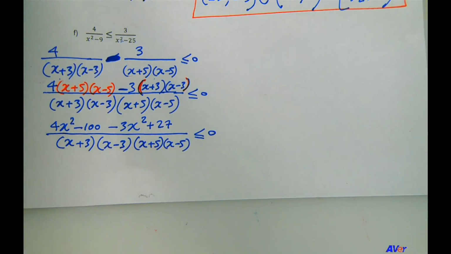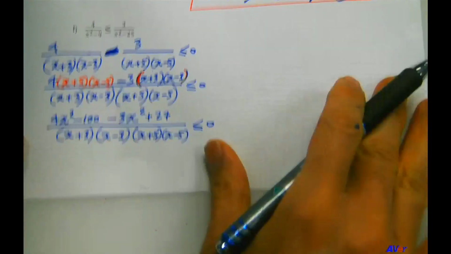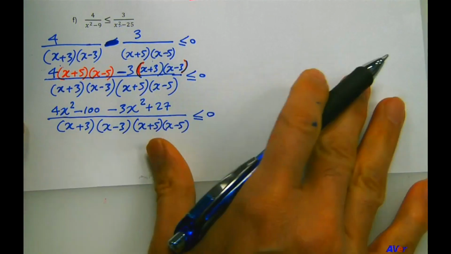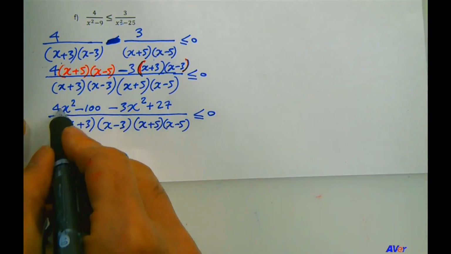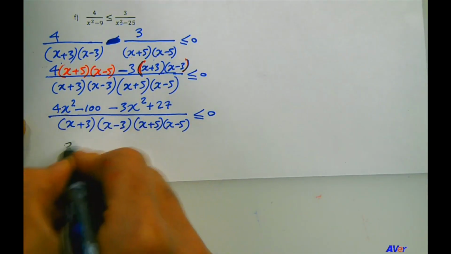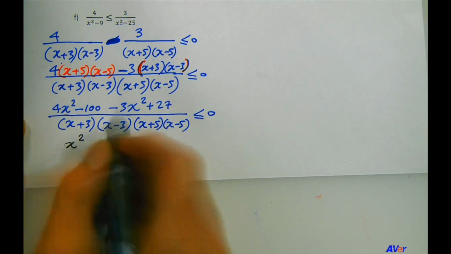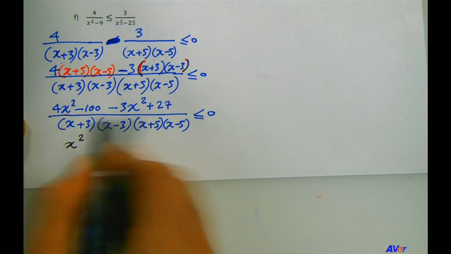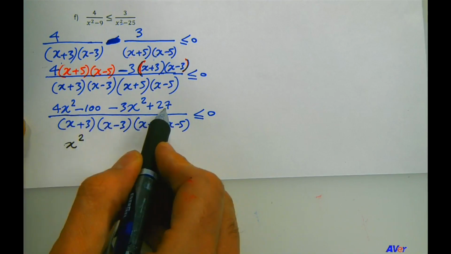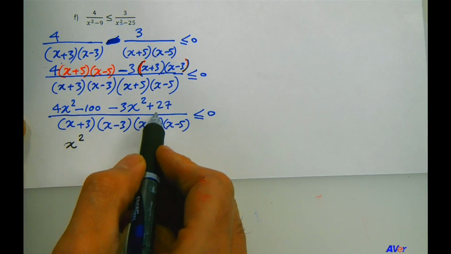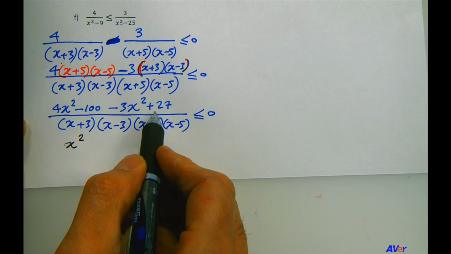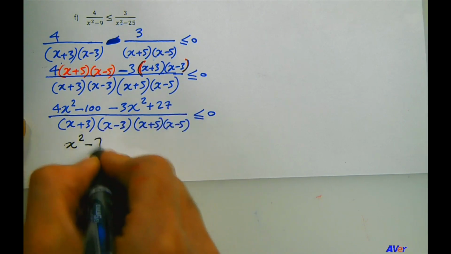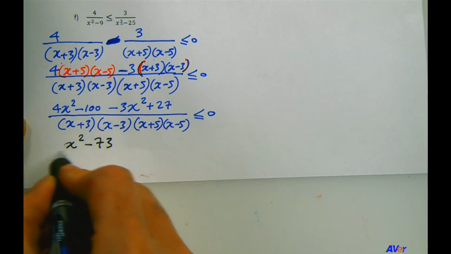Okay, simplifying the top portion, we have 4x squared minus 3x squared, so we have just x squared. Minus 100 plus 27, so what do we get? We get minus 73, right? Minus 73.